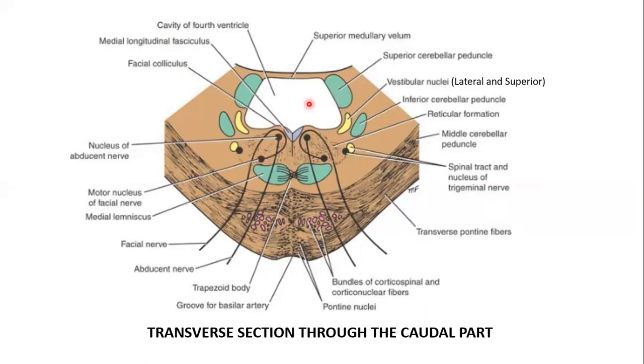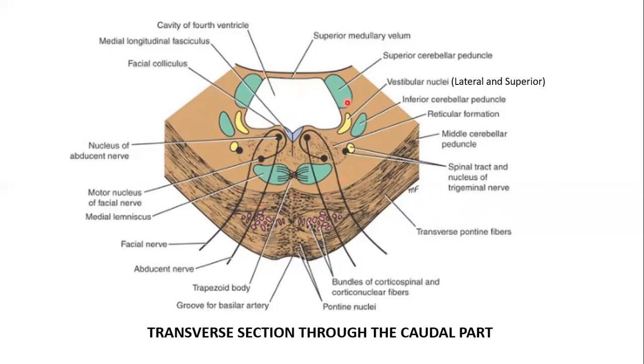This is the cavity of the 4th ventricle. Of course, this cavity would be present at both levels of the cross sections of the pons, the caudal and the cranial. This is the superior medullary velum.